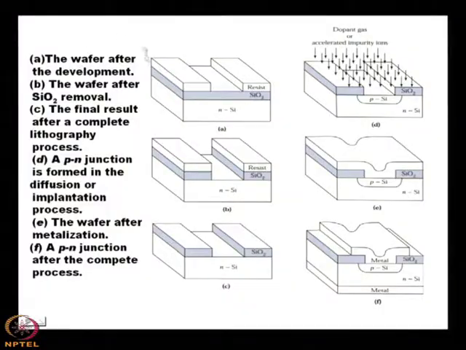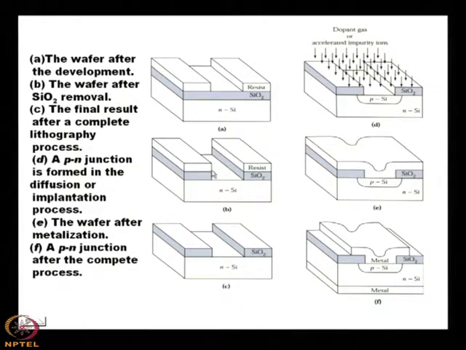So, you put the sample in a developer, it is like photography. So, this portion will go out, right. It depends on whether it is positive or negative photoresist, it is like photography.